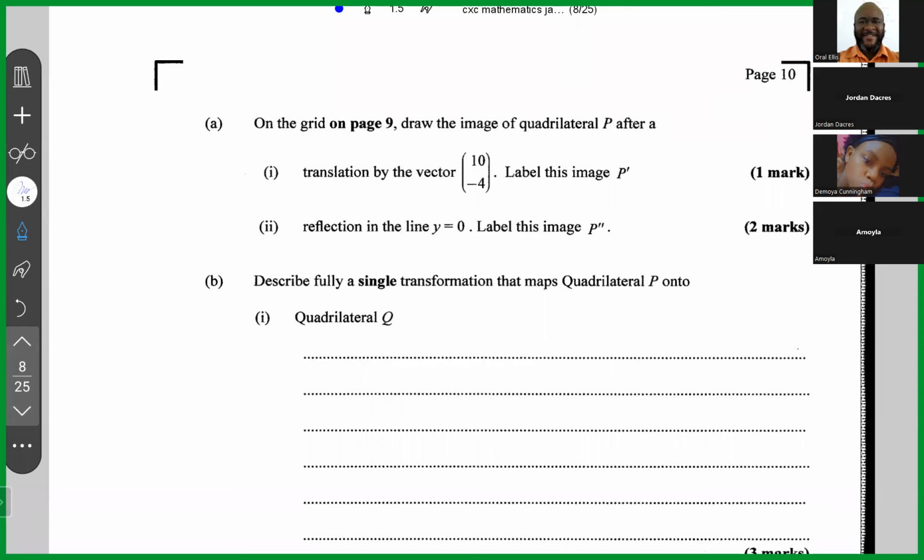For a translation vector, the top value tells you how to move the shape horizontally, and the bottom value tells you how to move the shape vertically. The top value is positive, so I'm going to move the shape to the right. The bottom value being negative means I'm then going to move the shape 4 units vertically downwards.